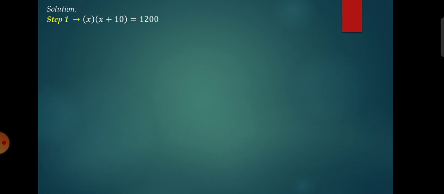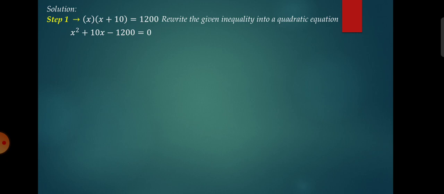Okay, solution number 1. Since the given is an inequality, the first step is to rewrite them into a quadratic equation. That is x times x plus 10 equal to 1,200. Then the second step I made is I transformed the equation into its standard form. So monomial x times binomial x plus 10, we distribute x times x squared, x times 10, 10x.